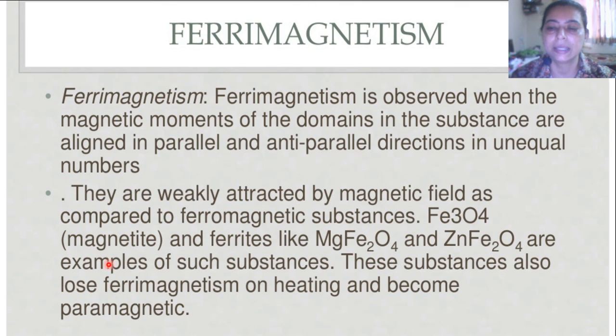Fe3O4, that is magnetite, and ferrites like MgFe2O4 and ZnFe2O4 are examples of such substances. These substances also lose ferrimagnetism on heating and become paramagnetic, and the temperature at which this change takes place is known as the Curie temperature.